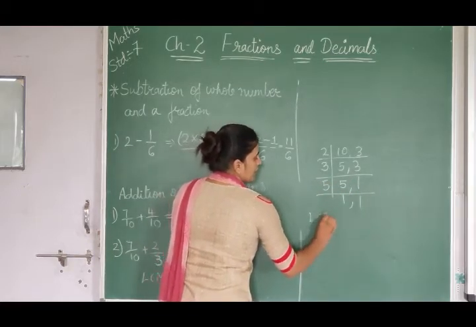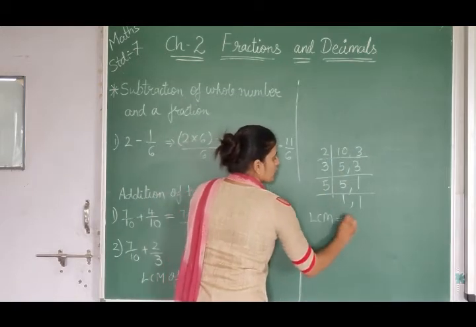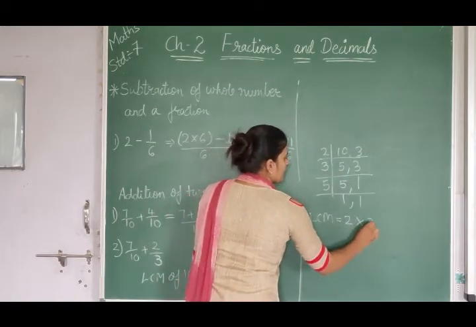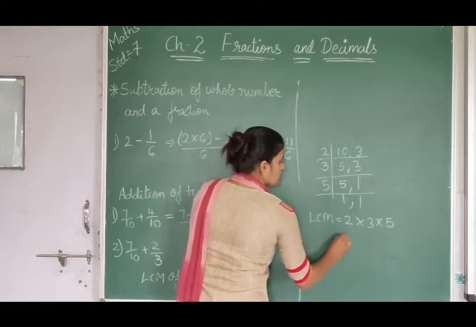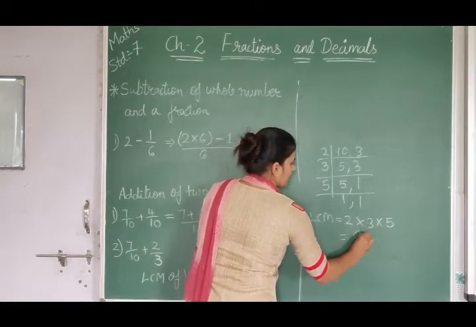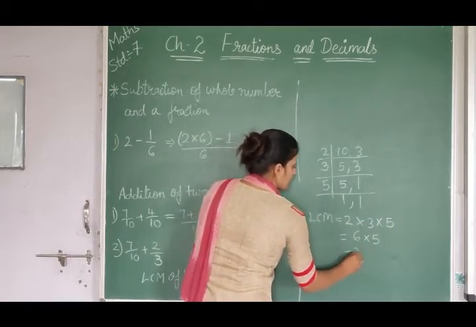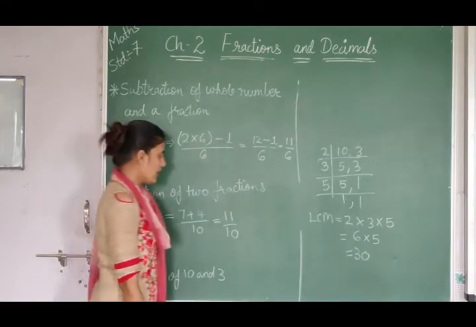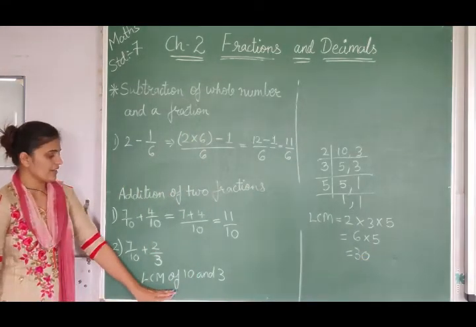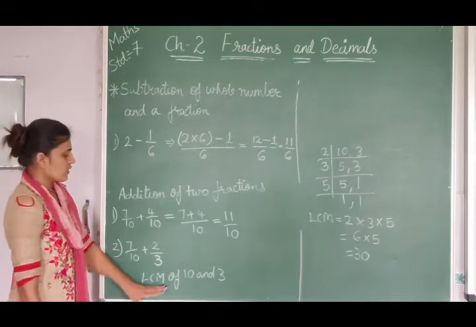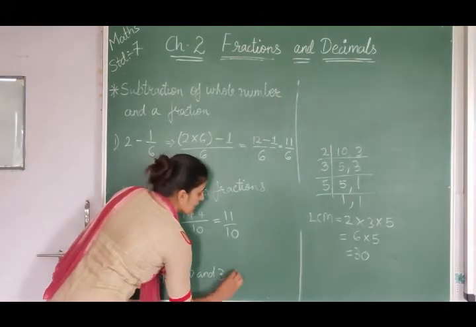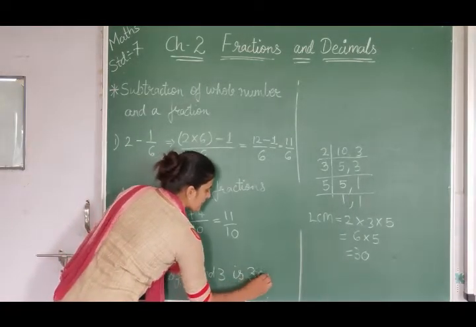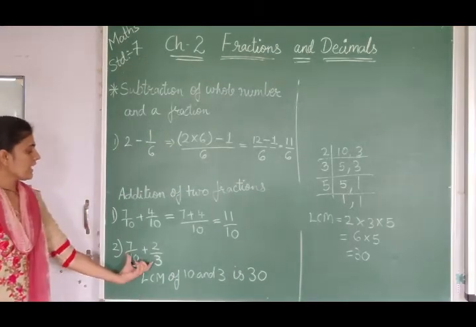So the LCM will be equal to 2 multiplied by 3 multiplied by 5. So 2 3s are 6, multiplied by 5, it will be 30. So we are getting the LCM as 30. So the LCM of both 10 and 3 is 30.